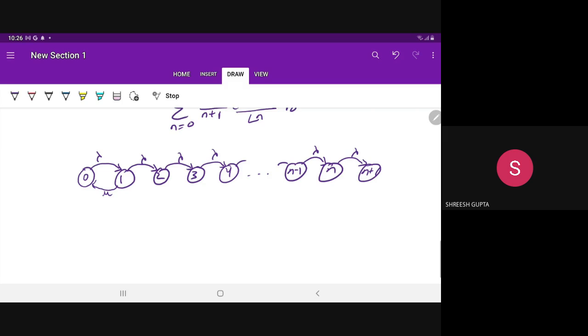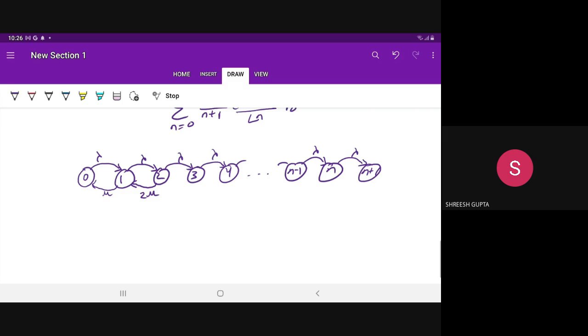If there is one customer, it means there is one server, and that server provides service with rate mu. If there are two customers, we have two servers, so the service rate becomes 2 mu, because of the additive property of the Poisson distribution, where we add the rates.